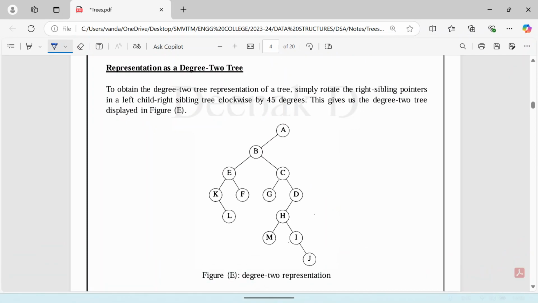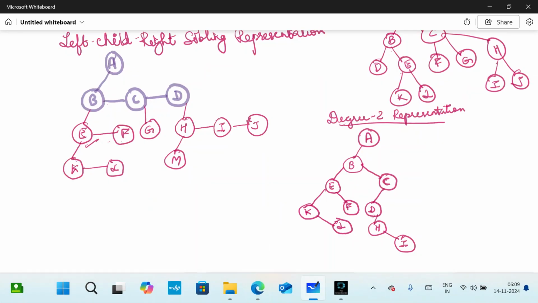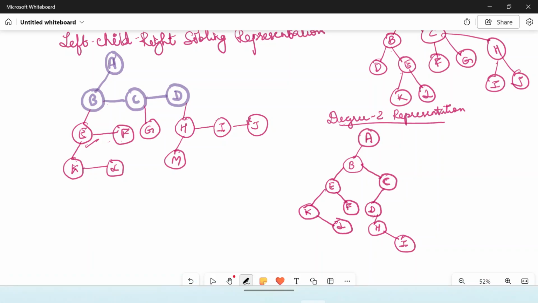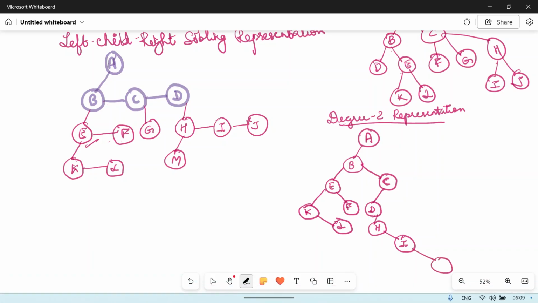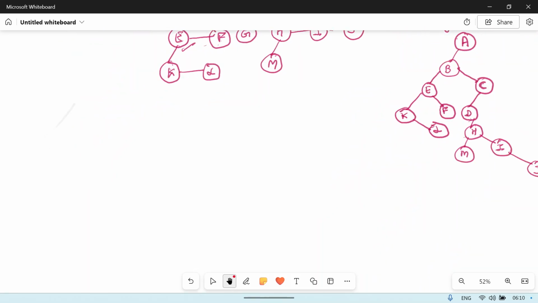So again, this also will be tilted like this. And M will come here. Are you understanding?